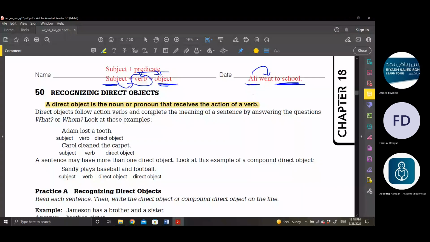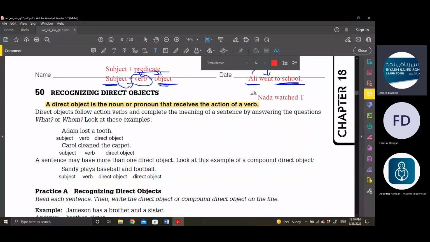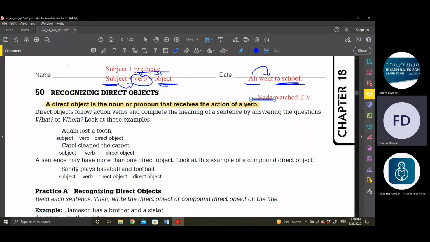But this noun or pronoun receives the action verb. How is that? For example, when we say Nada watched TV. Here we have Nada, the subject, and what is the verb? Watched. She watched what? TV.